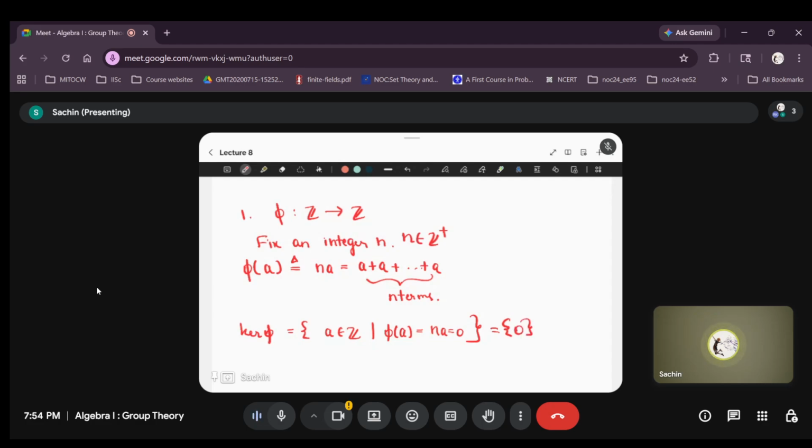And zero is the identity element. Another way to look at this: zero has to be there. That is true because zero is the identity element of Z, but that is the only element.